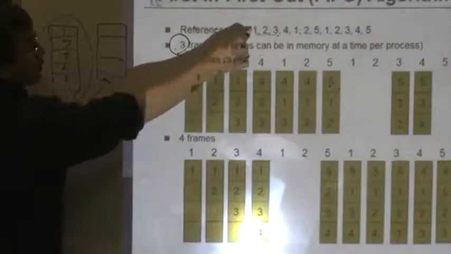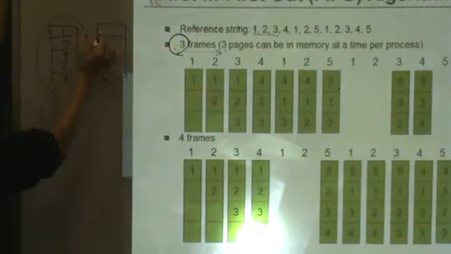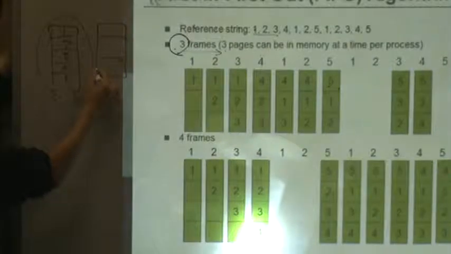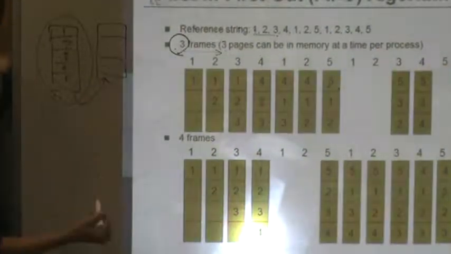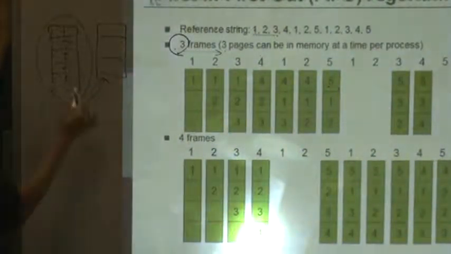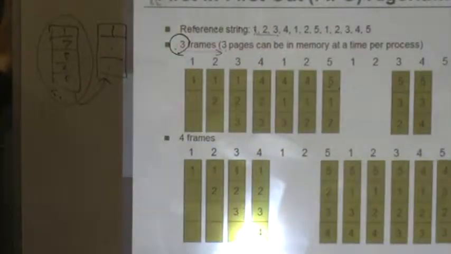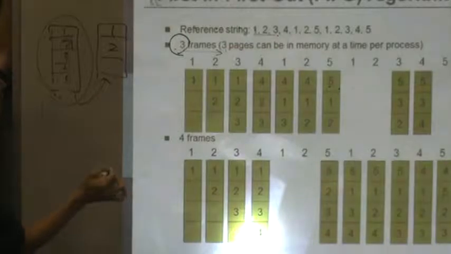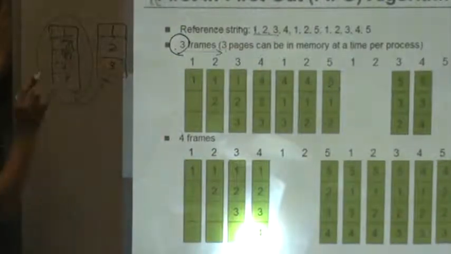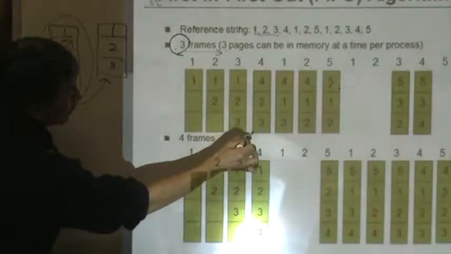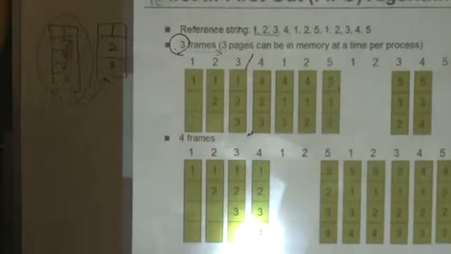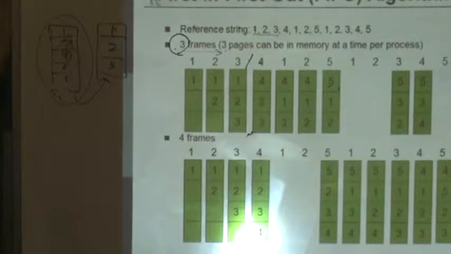At the beginning, all 3 frames are available, none of them are occupied. So we can load 1 like this. Next, 2. Next, 3. Up to this part there's no problem. What about 4? Do we have a space?